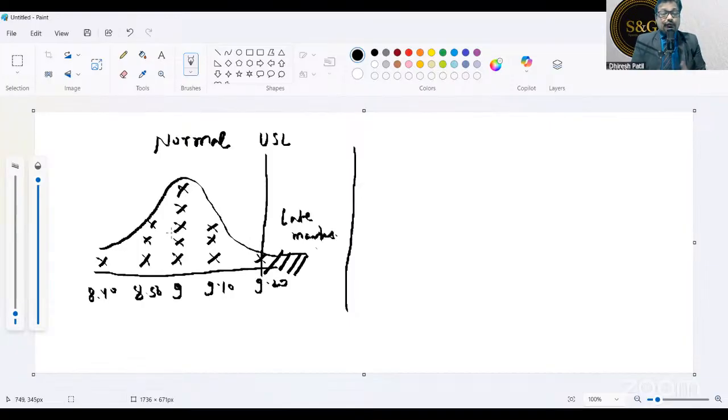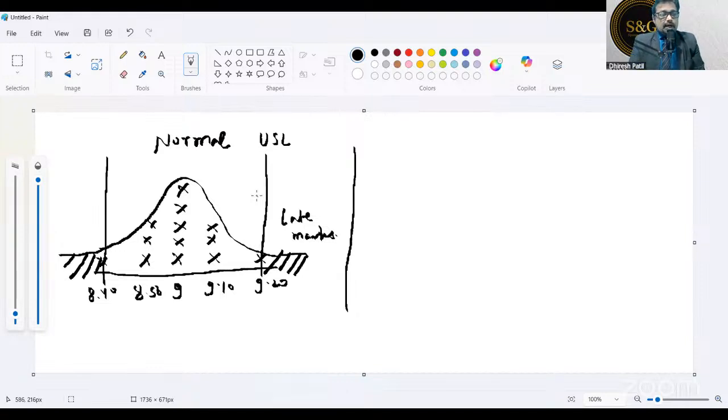Okay, now when it comes to normal distribution, generally we have a symmetrical distribution of the defects as well. So when we calculate the process capability, this symmetry makes a huge difference.